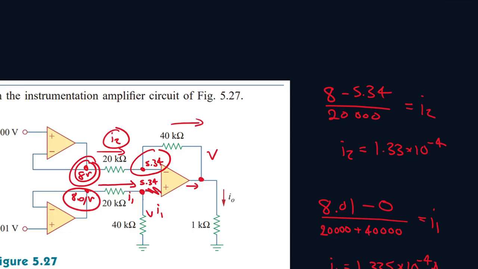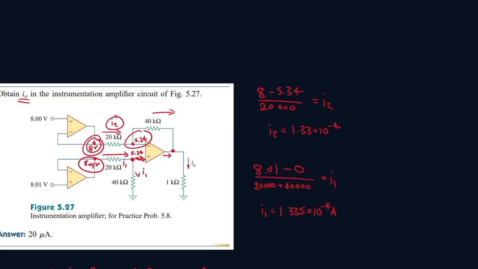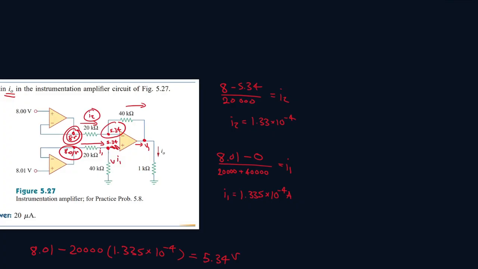And now we can find the voltage at this region. So let's call this voltage V1, okay? And so to find the voltage here, it's just going to be 5.34 minus V1 all over the resistance, which is 40,000. And this will be equal to I2.